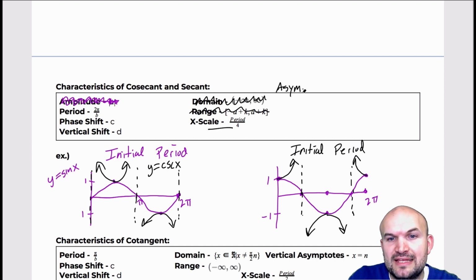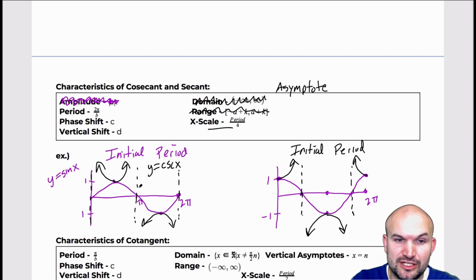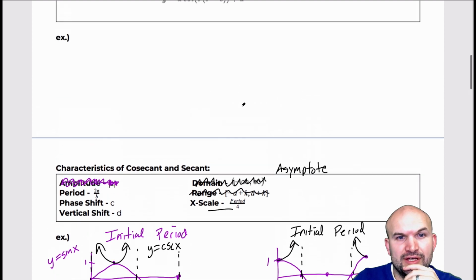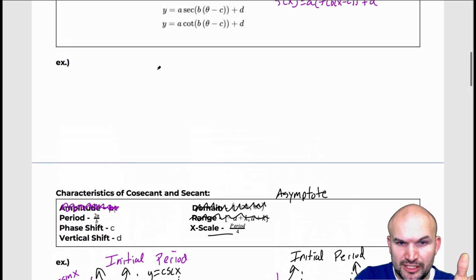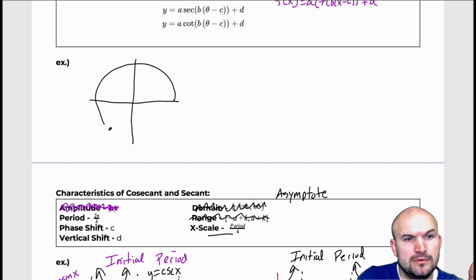And again, the asymptotes come from when the cosecant graph is undefined. And the cosecant graph is undefined here when sine is 0. Within this initial period, you can see that sine is equal to 0 at 0, pi, and 2 pi. Let's go back up to the unit circle here to understand this. So here's our point 1, 0.